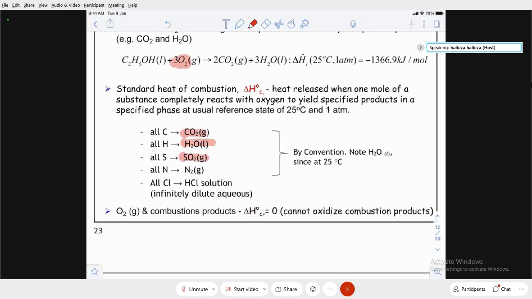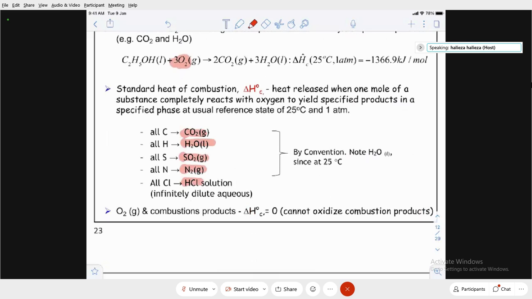Of course, you're going to get nitrogen because your source of oxygen is from air. Nitrogen gas is not a product of combustion. It's just because your source of oxygen is air, and air contains nitrogen. Another thing, if your fuel contains chloride, then it will form hydrogen chloride. But normally it's very dilute. So these are your products, more or less.